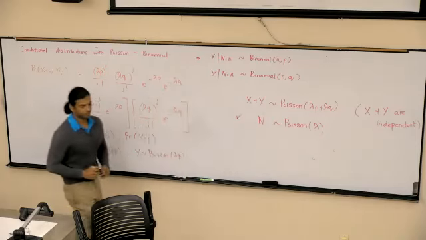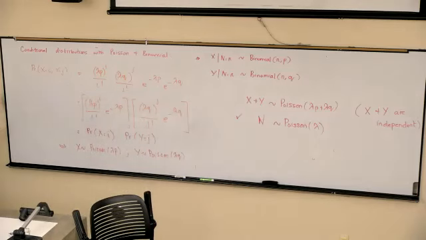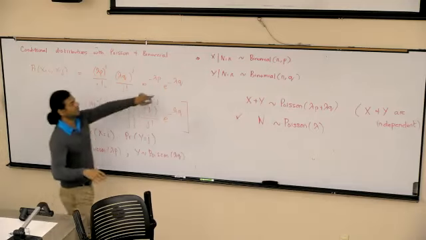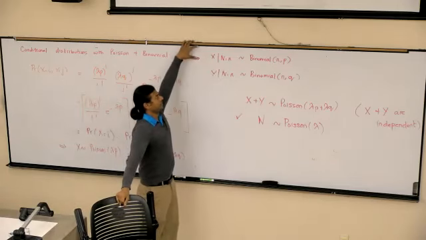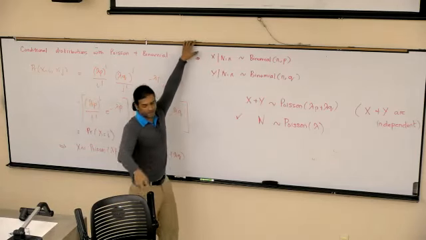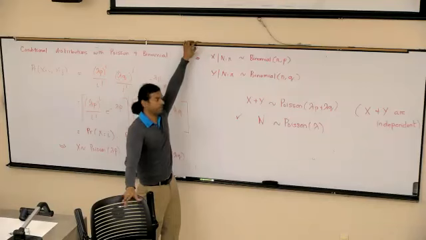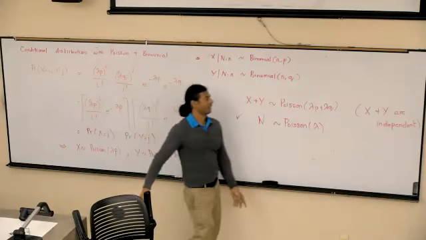So what did we show? If we start with a Poisson lambda, then if I condition on n, the individual variables would end up becoming binomial if we have a probability of success.